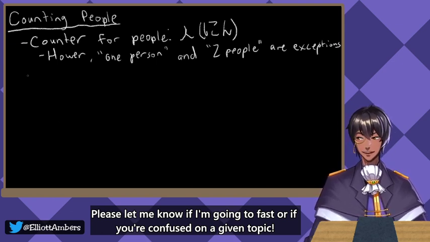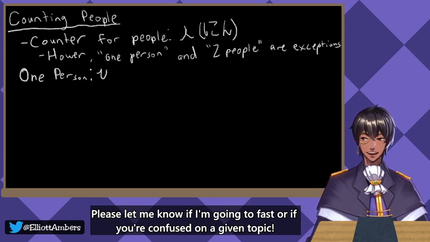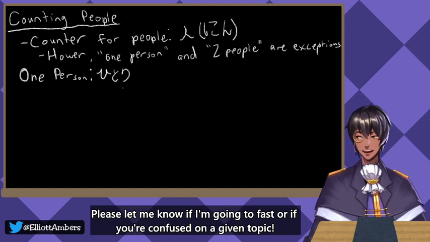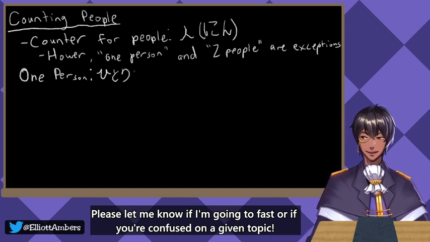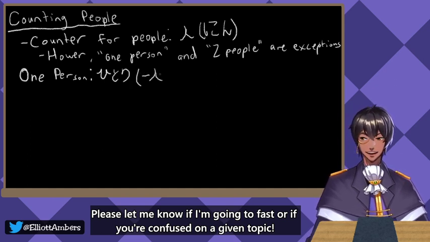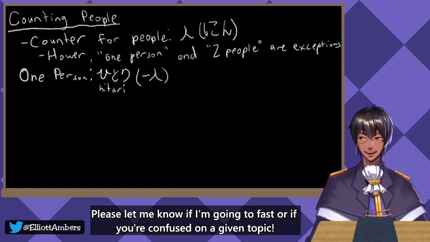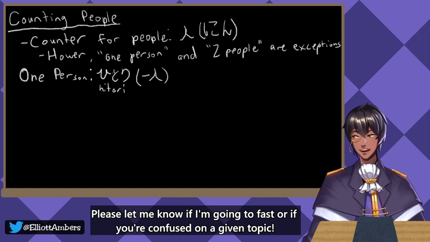If you have one person, it is hitori. One person is also sometimes used for alone. That's when people say hitori bochi, that means it's all alone, you know? Because hitori, being one person, means that you're the only person there, you're alone.